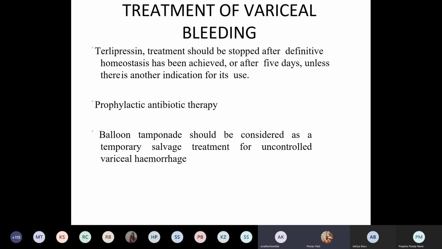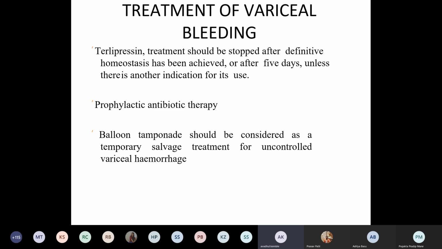Whenever you are treating variceal bleeding, terlipressin treatment should be stopped after definitive hemostasis has been achieved, or after 5 days, unless there is an indication for its use. Usually we prefer giving prophylactic antibiotic therapy, and balloon tamponade is considered one of the temporary salvage treatments for uncontrolled variceal hemorrhage.